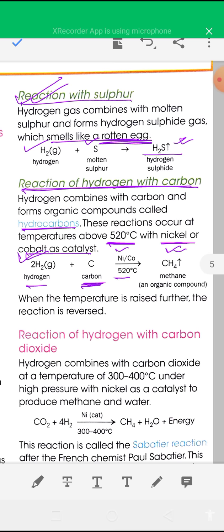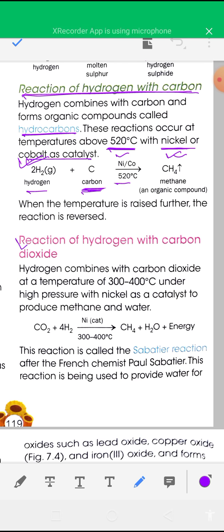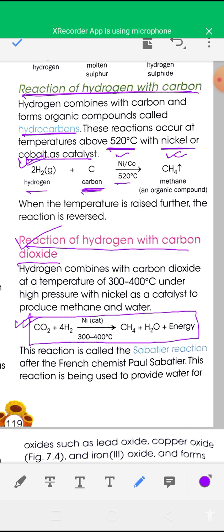Okay, now see the reaction of hydrogen with carbon dioxide. When hydrogen reacts with carbon dioxide in the presence of a nickel catalyst, you will get methane, water vapor and energy.